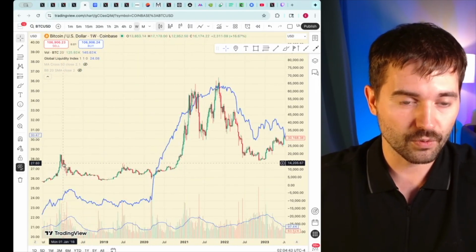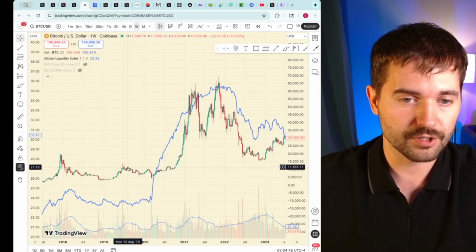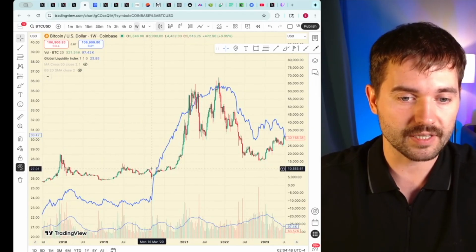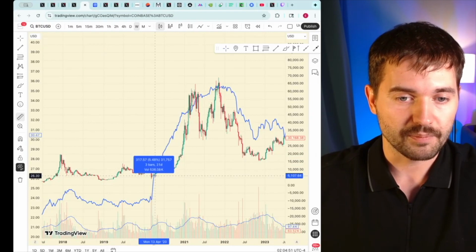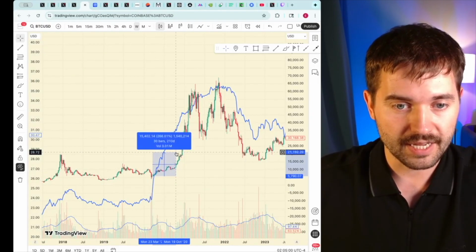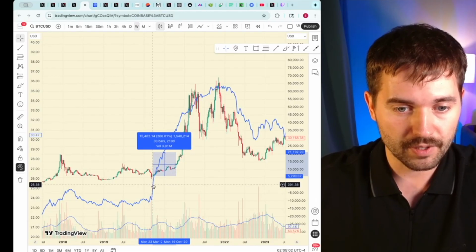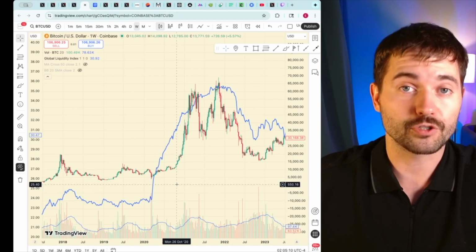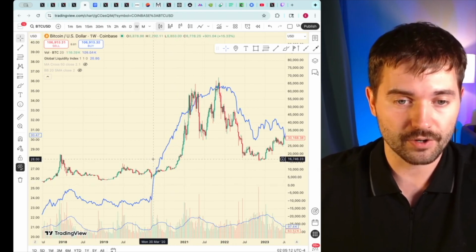So everything was moving in unison, and then global liquidity started pumping in March 2020. We had 200 days until Bitcoin started to pump. So global liquidity is pumping in 2020, and then Bitcoin started to pump in October 2020. So that is your 200 days.